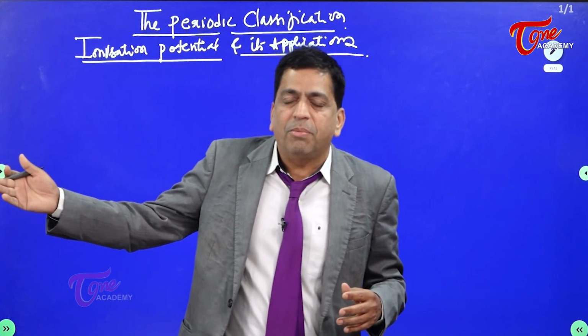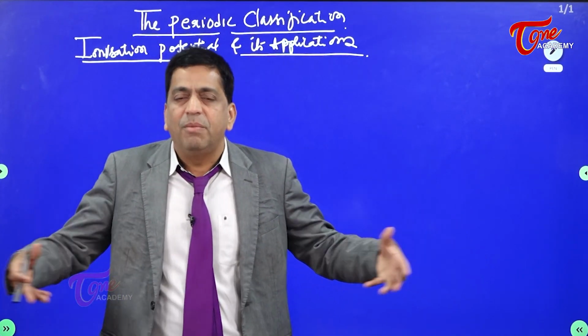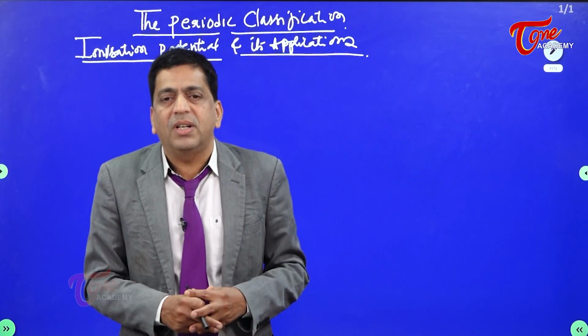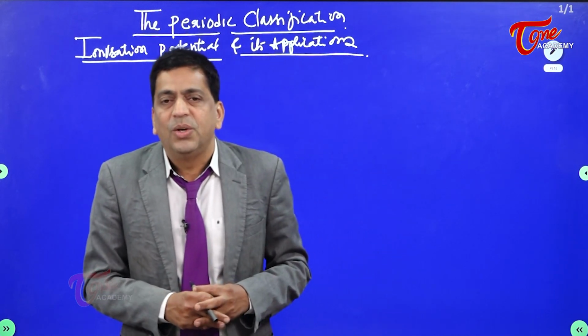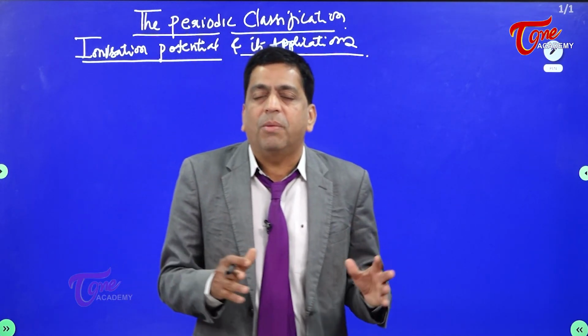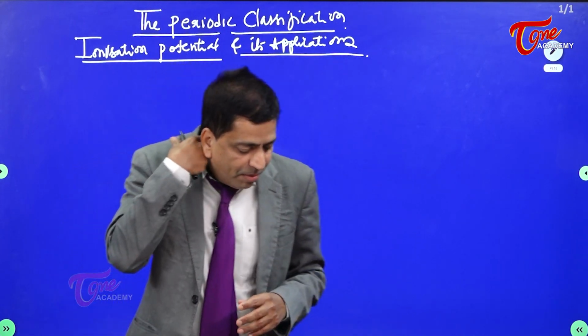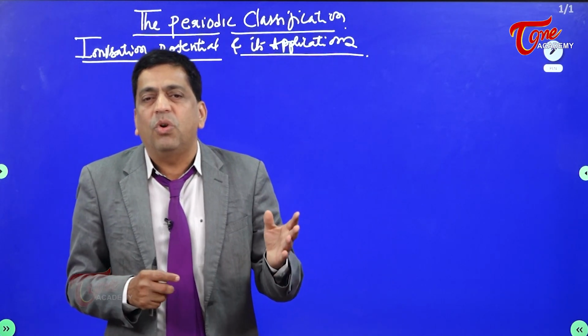So non-metallic properties because of their size, metallic properties because of their size, and in between metallic and non-metallic, if you have certain such modes of activity, again this is because of what? Mode of activity. You must understand that. So basically that's why the periodic properties are functions of what? Atomic radii.